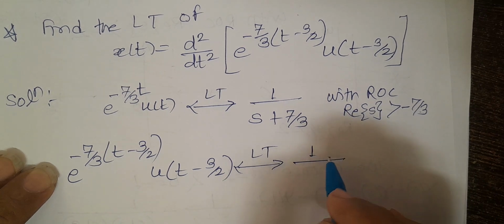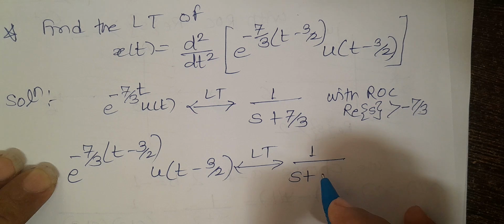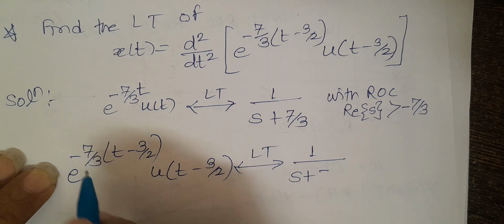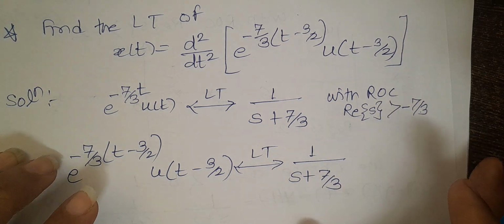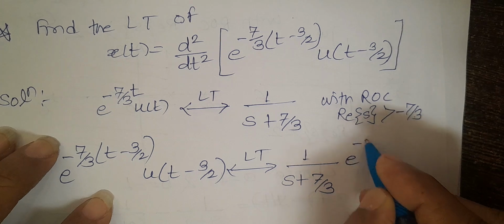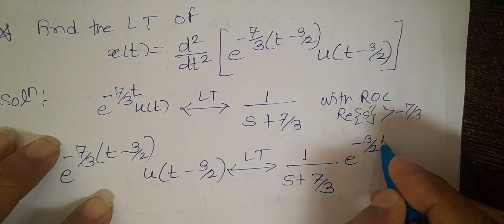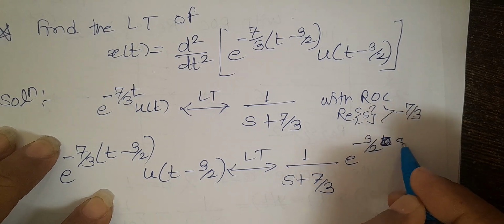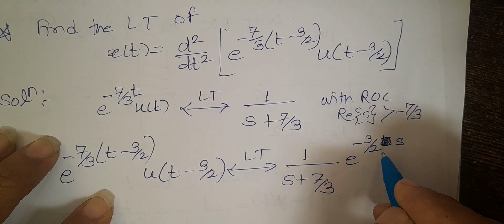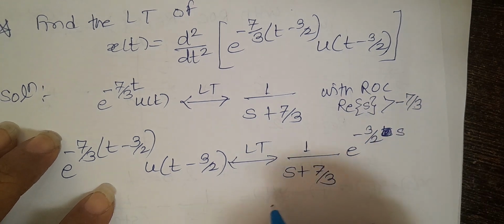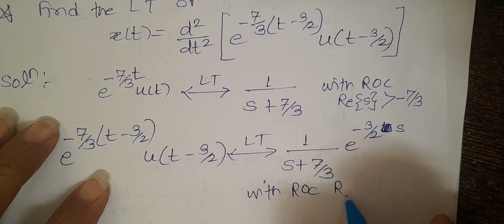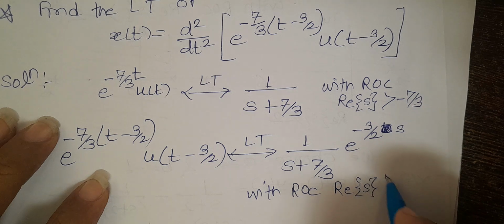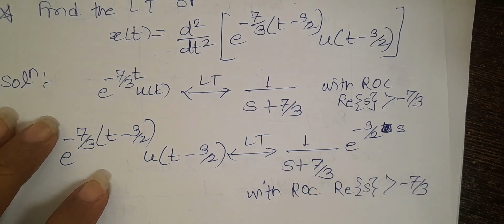Therefore, the Laplace transform of this we can write as 1 over s plus 7/3, times e raised to power minus 3/2 s, with ROC real part of s greater than minus 7/3.